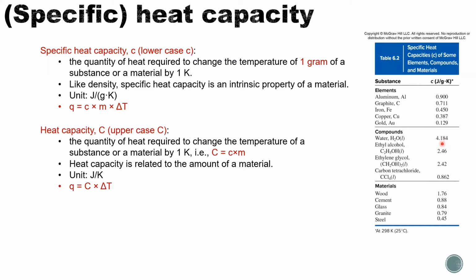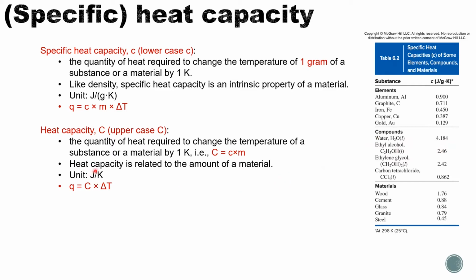So for 10 grams of water, the heat capacity is the specific heat capacity times the mass, which is 41.84 joule per Kelvin. Then for 100 grams of water, the heat capacity is 418.4 joule per Kelvin, right? So please make sure you know the differences between the two concepts.